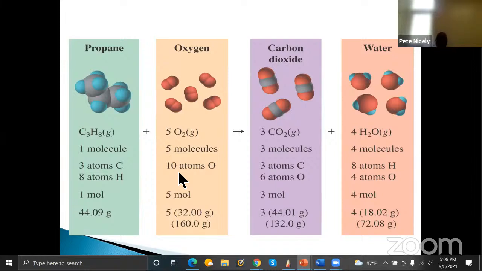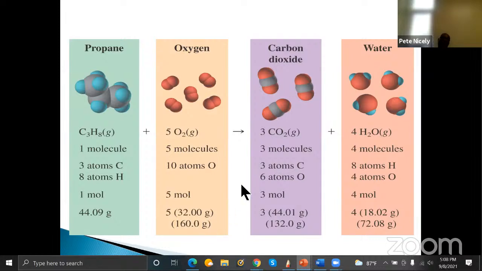Another thing I want to point out is that because no atoms are created or destroyed as the reactants are converted to products, that means that the total mass is conserved in a chemical reaction. So in other words, if you add up the total masses on a per molar basis of the reactants and do the same for the products, you're going to find them to be the same, all right?